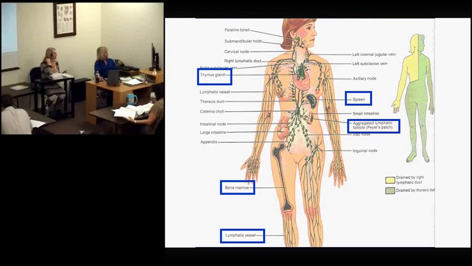My diagram that I gave you shows, it's a woman, too. We have the thymus gland. We have the spleen. You have bone marrow, lymphatic vessels, lymph nodes. These are all part of the lymph system.